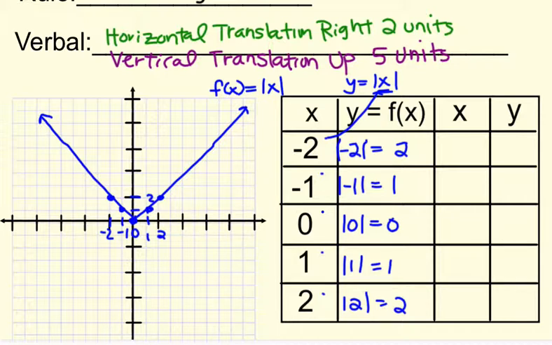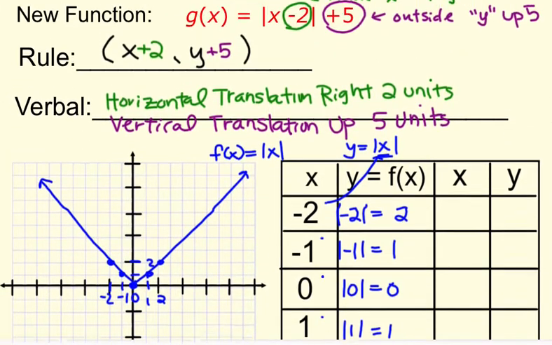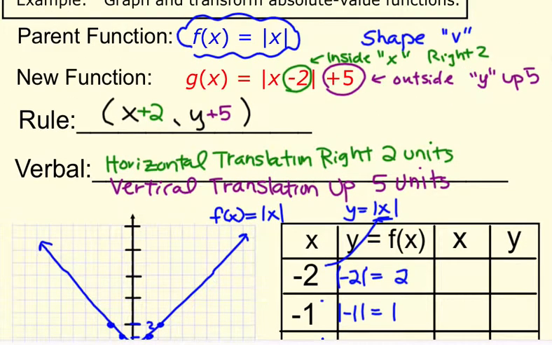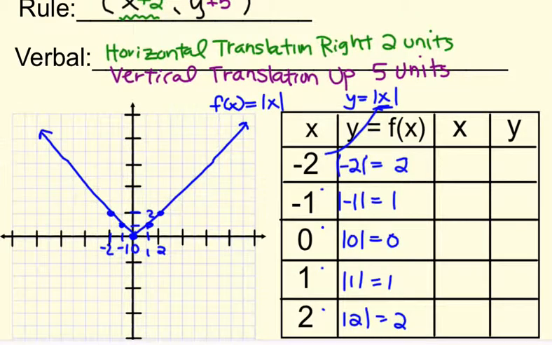Now I want to find the graph for the g of x function, applying the rule. So I want to graph this red function right here. I'm going to separate out the things I need to do to change it from the blue function to the red. So let's talk about +2. I have to add 2 to every x value, so it's going to be x plus 2.